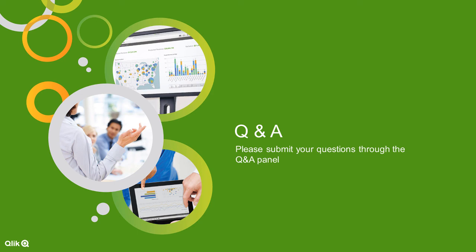Why do we need to change the database password if I know it and I get the database dump every day? If you already know the password for specifically the Qlik Sense user, then you do not need to change the password. However, there are two accounts, right? There is the super user account, which has the username Postgres, and then the super user password that's set on the installation.